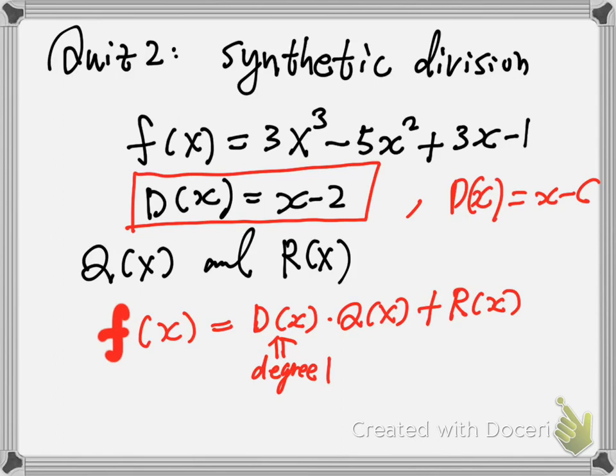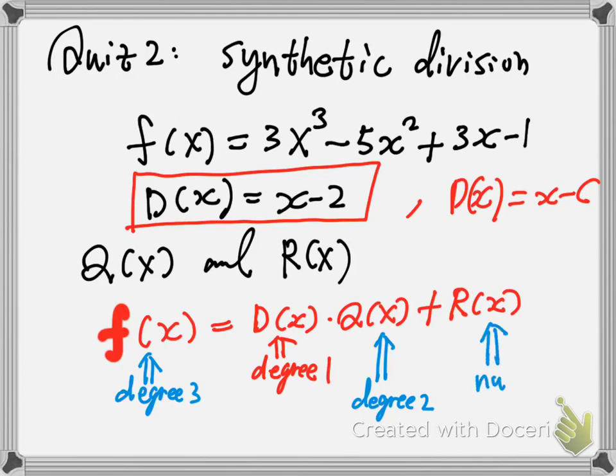If f is degree 3, as in this example, then q will be degree 3 minus 1, so degree 2. What is r? r is a constant, a number. So this is the structure.